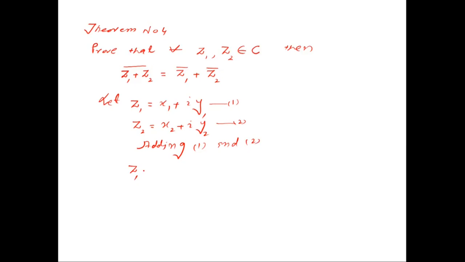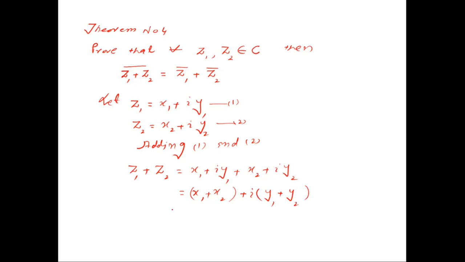z1 plus z2 equals x1 plus iota y1 plus x2 plus iota y2. So boys, collect real and imaginary parts. x1 plus x2, this is the real part, plus taking iota common, y1 plus y2.